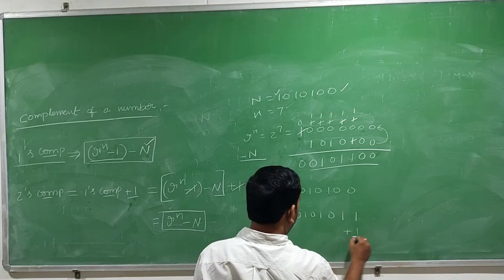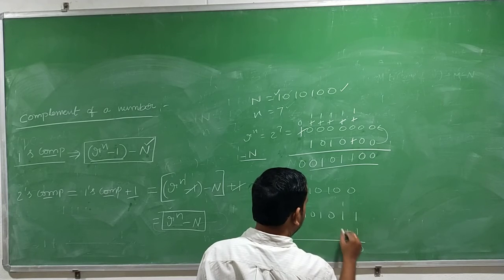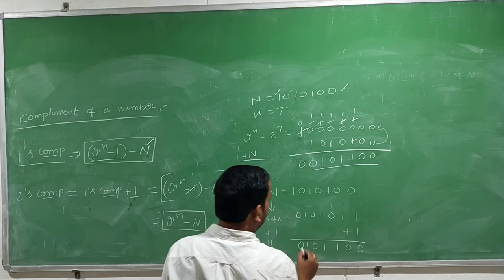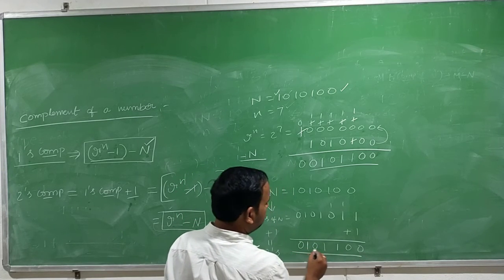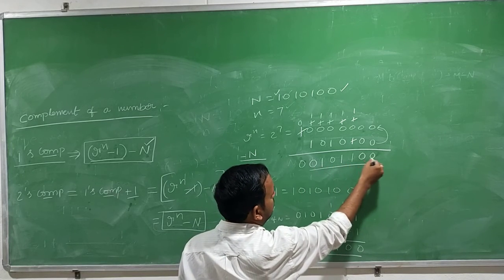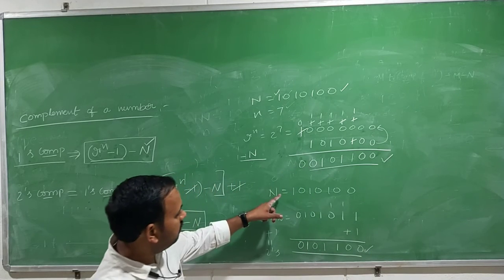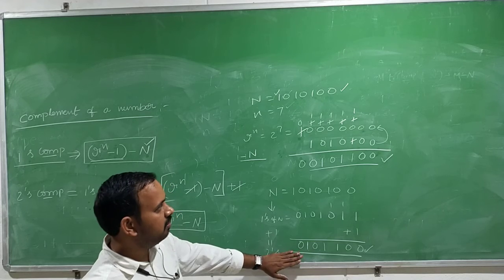So if you add plus 1, what you will get? 1 plus 1 is 0, carry 1, 1 plus 1 is 0, carry 1, and so on. See, this result 0 1 0 1 1 0 0 and this result are the same. Okay, the given number's 1's complement plus 1 is also giving the 2's complement result.